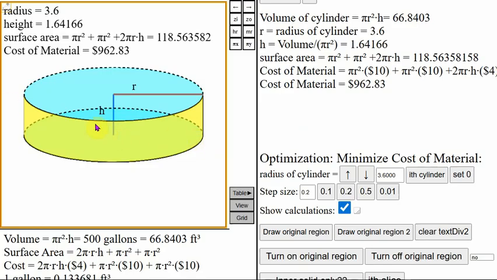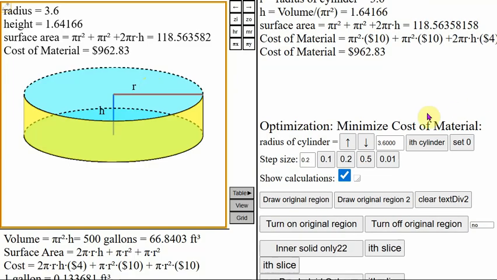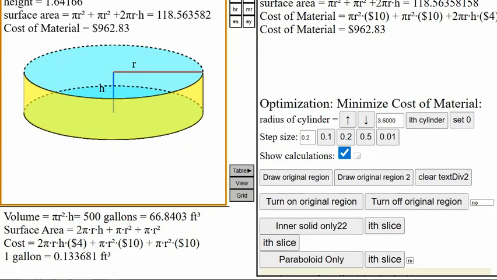And so here's the cylinder. The volume of this cylinder is 500 gallons. And 1 gallon is 0.0133681 cubic foot. Therefore 500 gallons will be 66.8403 cubic feet.